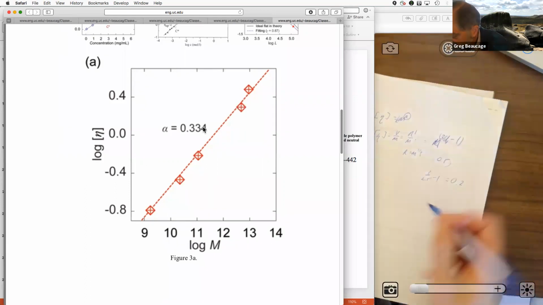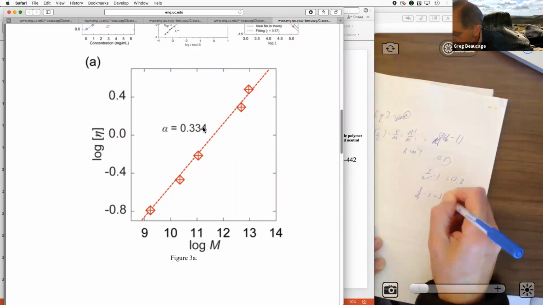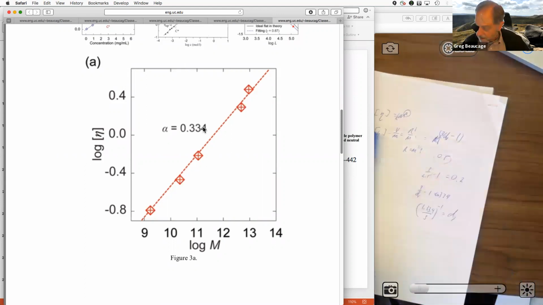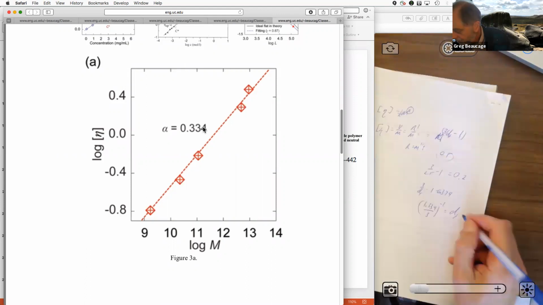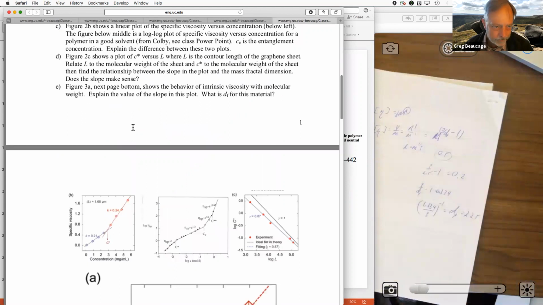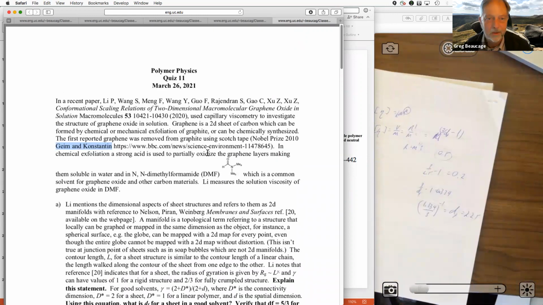So 3 by df minus 1 is 0.334. And then 1.334 divided by 3 is df, so 2.25. So something similar to the one we got before. I mean, the two numbers are different, but they're kind of close. So it's kind of an interesting paper. It's got to do with this intrinsic viscosity business that we've been looking at.